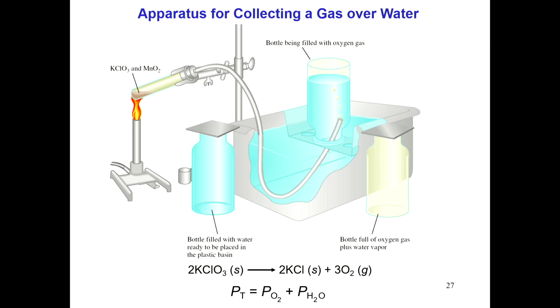In this bottle, at first it is filled with water, and then when the oxygen gas comes inside, because it has some pressure, it will move the water out. Then the glass will be filled by oxygen.